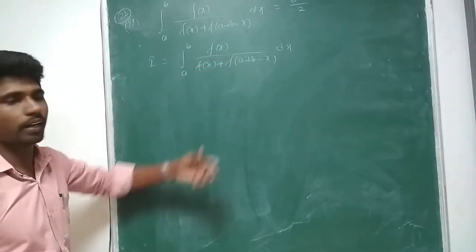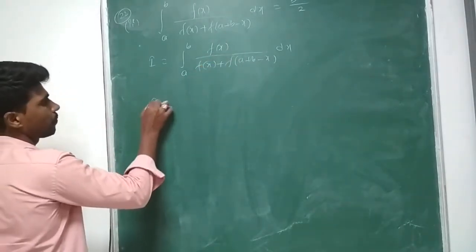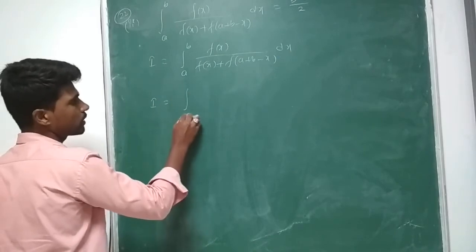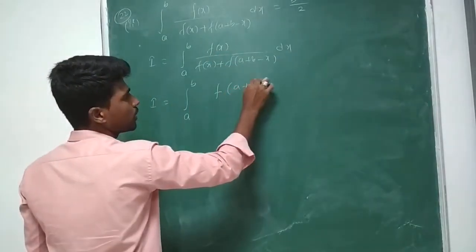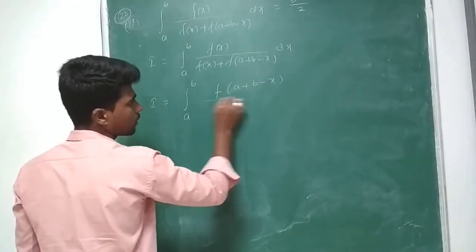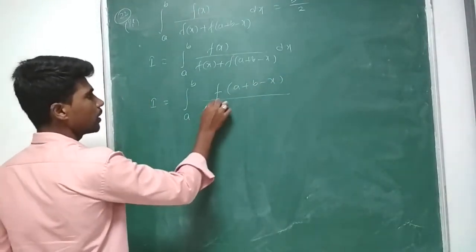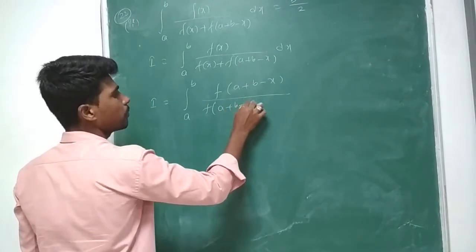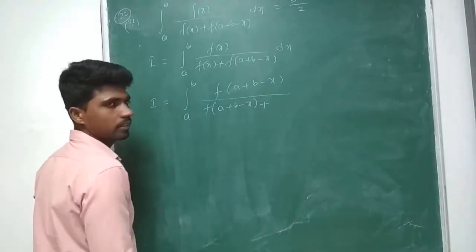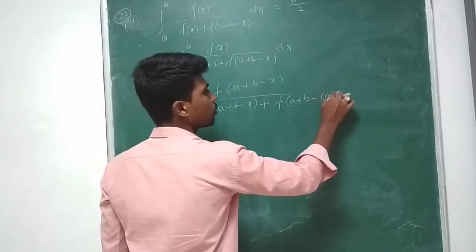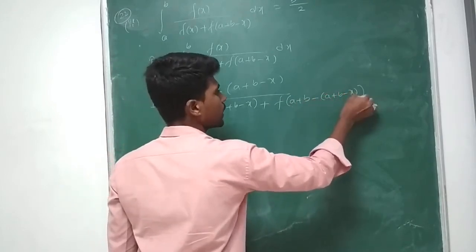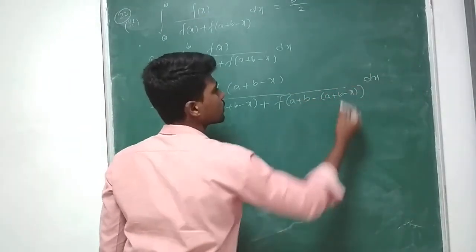So I reduce with the help of that formula. Then I will be reduced as integral a to b f of, in place of x I have to substitute a plus b minus x, by f of a plus b minus x plus f of a plus b minus of a plus b minus x dx.